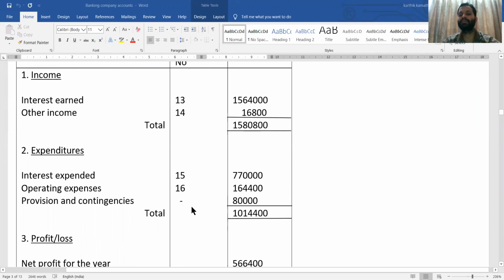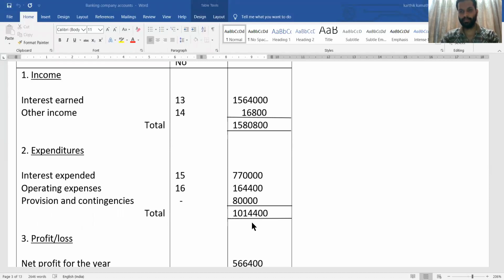Provision for contingency, I have already told you there is no schedule number for this one. So there is a dash in the schedule number and write the amount, that is bad debts given in the adjustment, 80,000. Now we want total expenditure. Total expenditure means 15 plus 16 plus the provision for contingency. You will get 10,14,400 as your total expenditure.